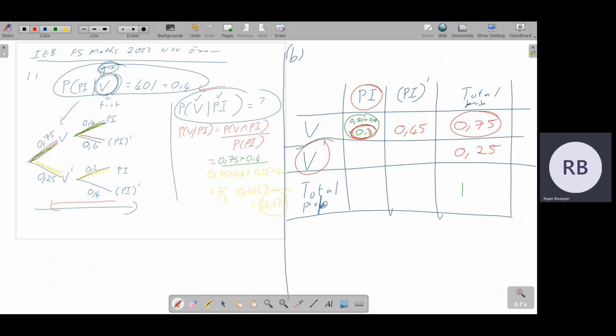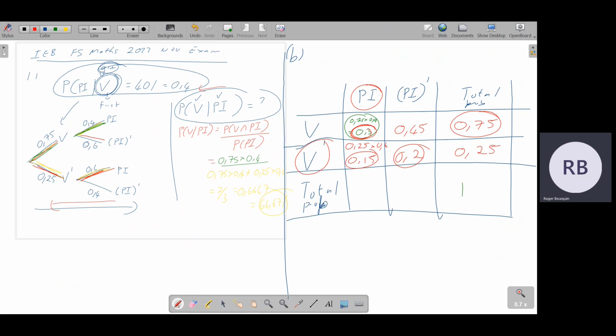So not vaccinated and previously infected will be this part over here, 0.25 times 0.6. And if you work out 0.25 times 0.6, you're going to get an answer of 0.15. So that's 0.15, that's 0.25. So that must be 0.1 because 0.15 plus 0.1 is 0.25.